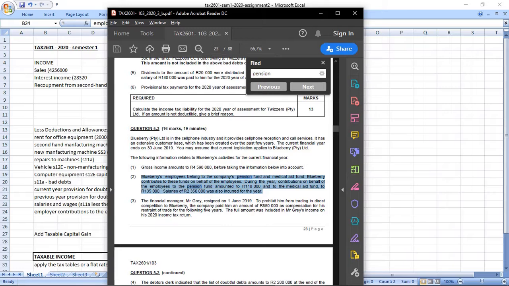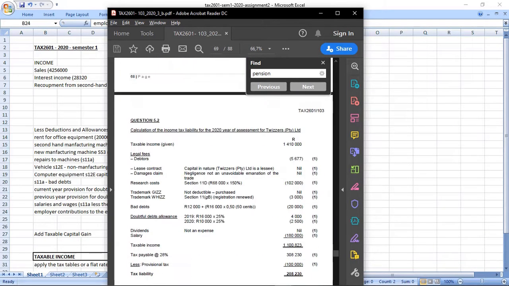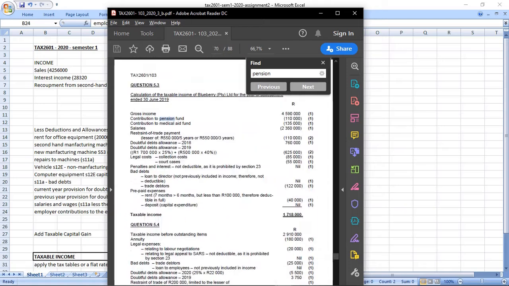In other words, the company is paying a contribution towards this fund in addition to what the employee is contributing. Let's go back to page 65, 5.2, 5.3 here. There, contributions to the pension fund, but on behalf of the employee.